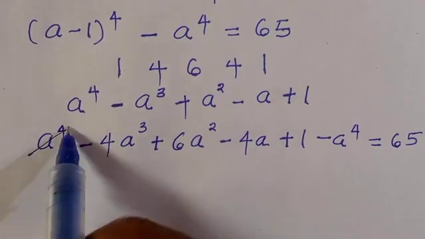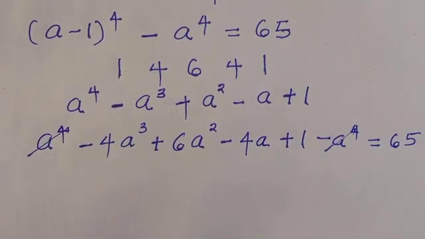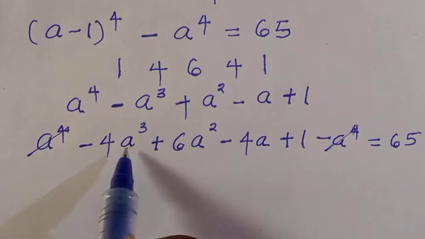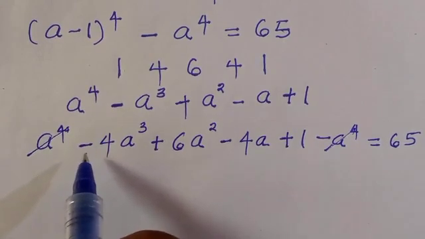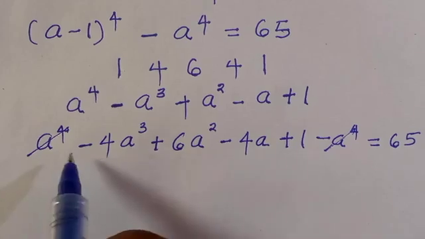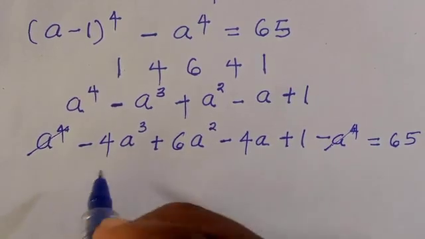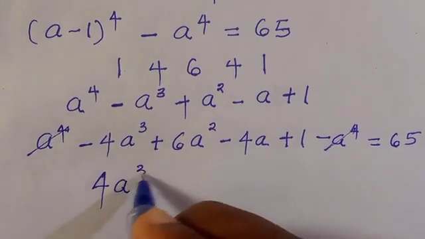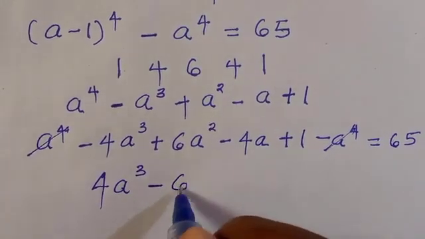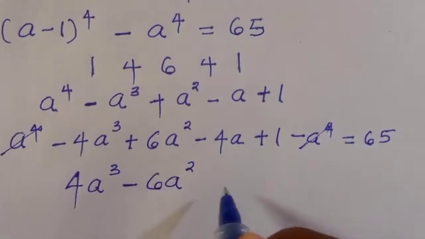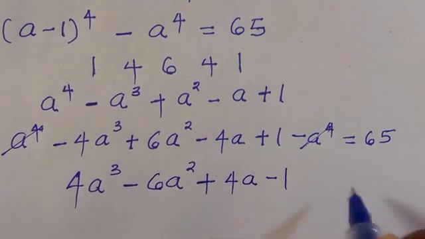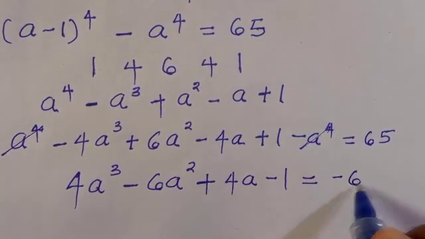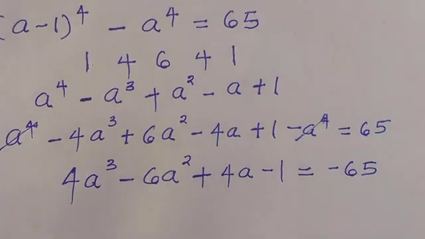So here a^4 cancels a^4, and we are left with minus 4a^3 and this. So here is negative, which starts this equation. If I multiply by negative, what we have here is 4a^3 minus 6a^2 plus 4a minus 1 equals minus 65.